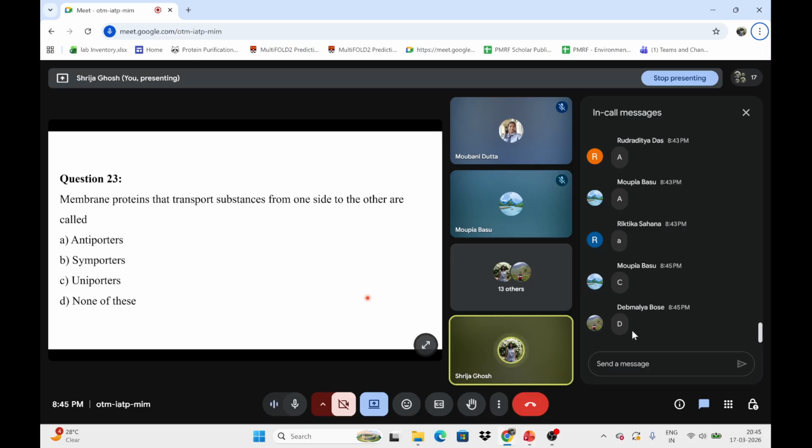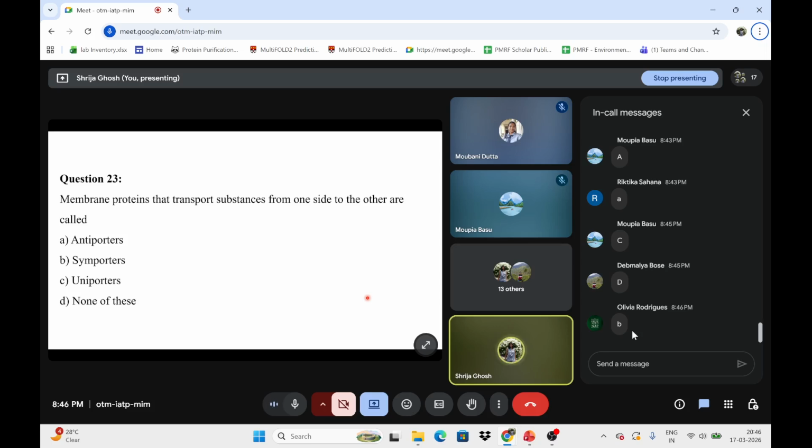I see two different answers, option C and option D. What about others? Others also answer. Let's have a tiebreaker. Okay, I have a completely different answer now, option B. Read the options carefully. By the name itself, you can understand.